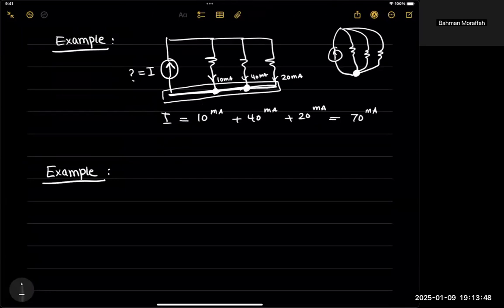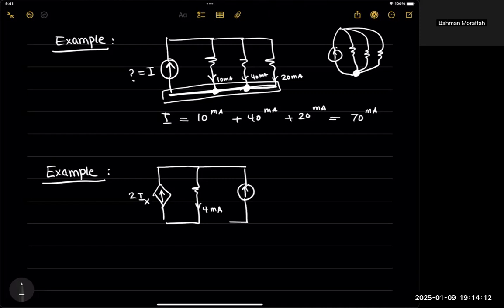Let's just say I'm given this circuit. Let's say the value here is 2 times Ix, so it's a dependent source, whose value is being controlled by some current in the circuit. So I have to tell you exactly what that element is. Let's say the current here is 4 milliamps.